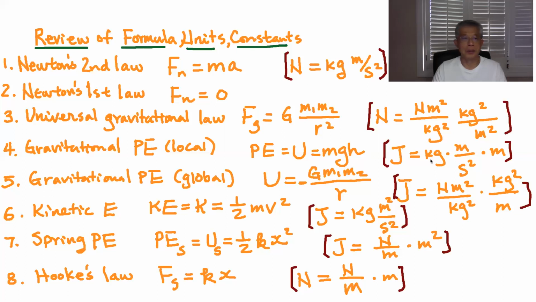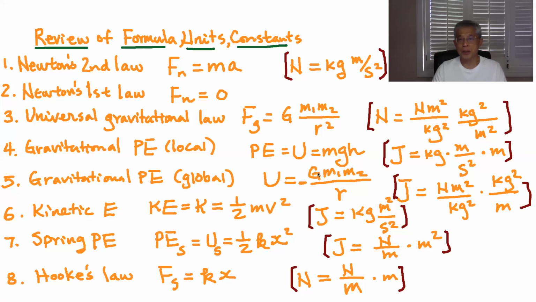h is in meter. Number 5, gravitational potential energy in a global case. So when g, the gravitational acceleration, may not be constant, U is equal to minus G m1 m2 divided by r. r is the separation between m1 and m2.